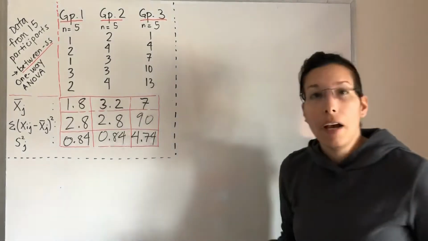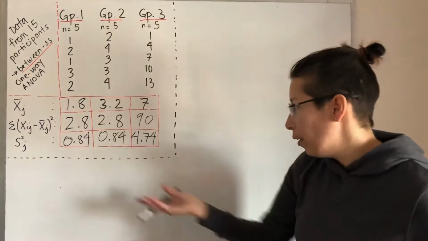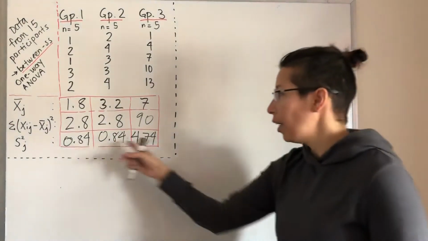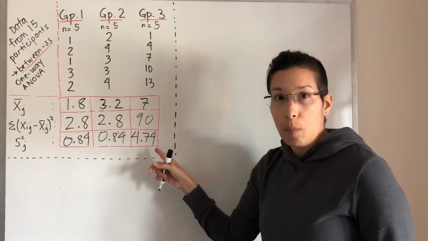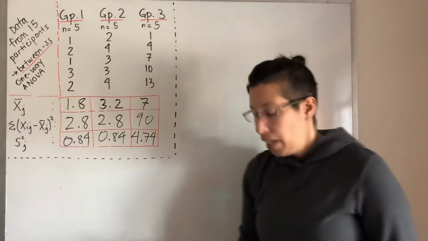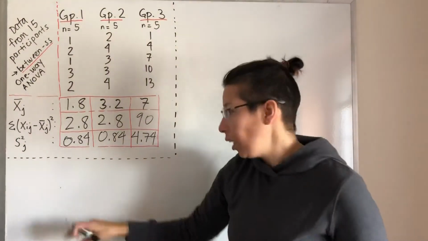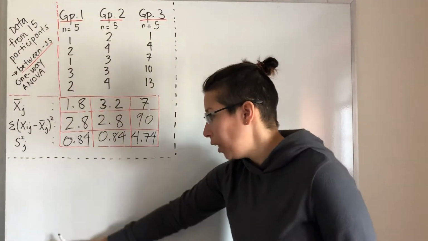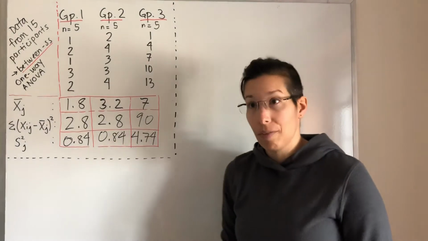So that's interesting. I made them so that they'd have weird looking variances between them. This one has a lot higher variance than these two. And so that's fine. Again, I won't get into that. That could be a different video to talk about a different thing.